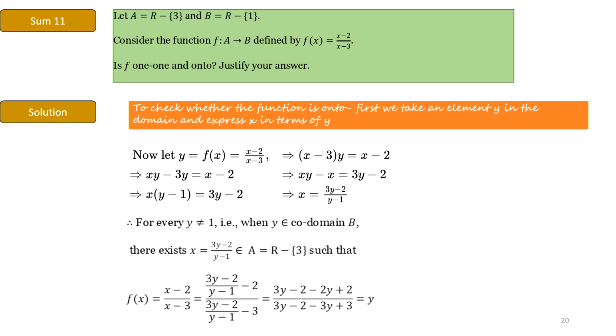For every y in codomain B, there exists a preimage x such that x equals 3y minus 2 by y minus 1. Now, rewriting f of x and replacing x by y, we finally deduce f of x equals y. This proves that the function is an onto function.